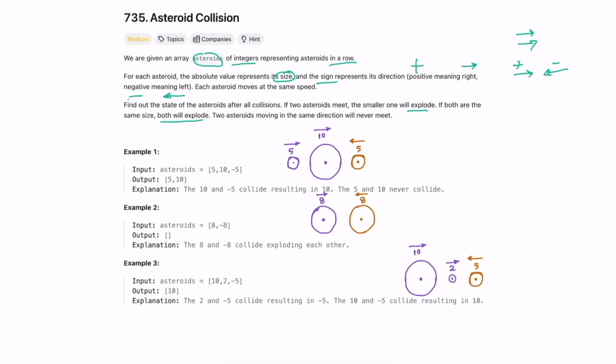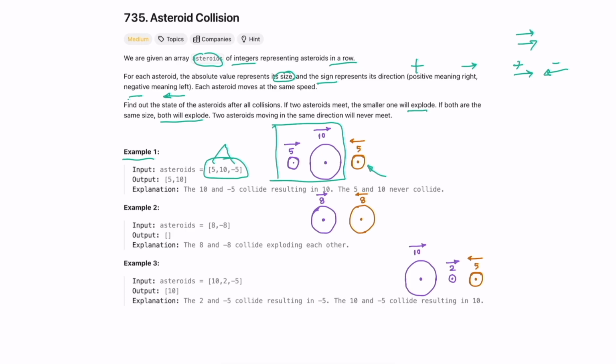Let's look at these examples. In example 1, there are 3 asteroids, 5, 10, and -5. The first and the last asteroid are of the same size but opposite direction. Let's see how many of these asteroids survive after all the collisions. The first 2 asteroids are moving in the same direction, so they don't collide. But the third asteroid is moving in the opposite direction.